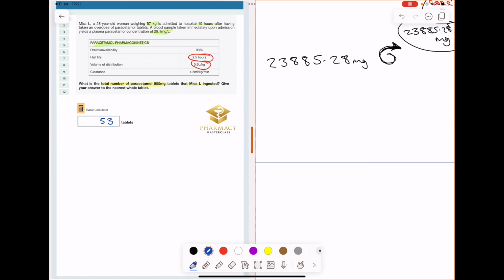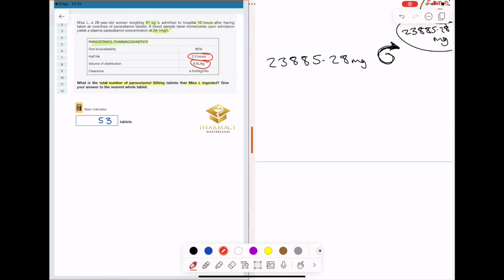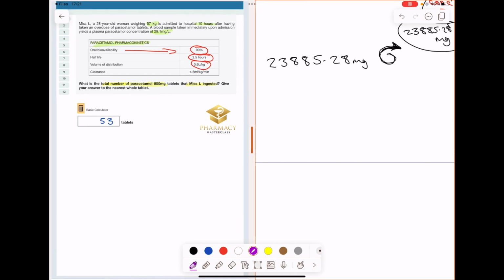However, remember, in the question, they've also told you that the oral bioavailability of paracetamol is 90%. What that means is that if my patient ingested a 500 milligram tablet of paracetamol, I have to times that by the 90% bioavailability to work out how much of one 500 milligram paracetamol tablet would be circulating in my patient's body.